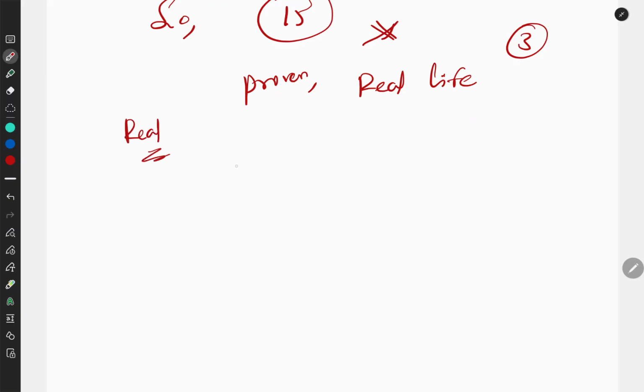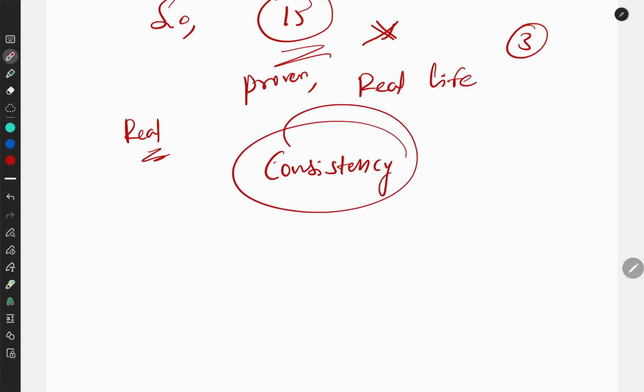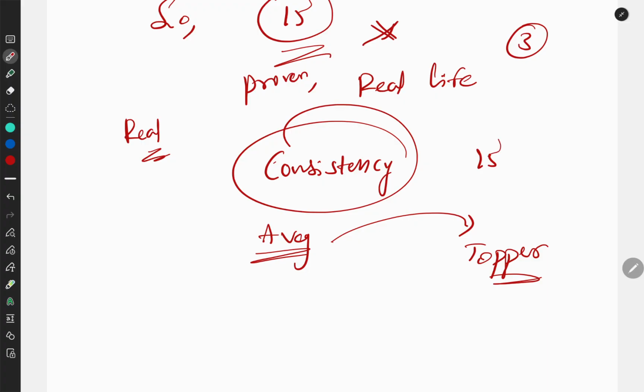So each point directly improves your score. Each and every one of the 15 points is definitely going to improve your score. And if you consistently apply these, that consistency is important, your copy can easily transform from average to topper. For that, you need to include these 15 points at any cost.